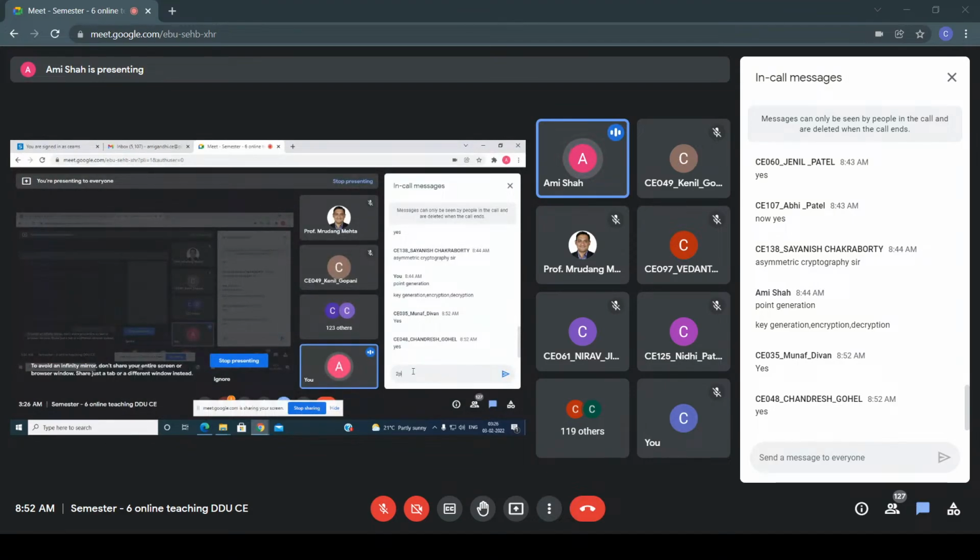If I want to calculate 2P, how do I calculate it? Please write in the chat window, everyone. Please communicate with me so I can understand. I want an answer from everyone.